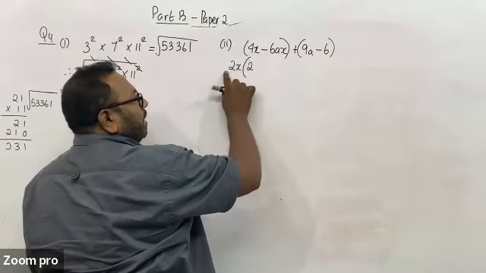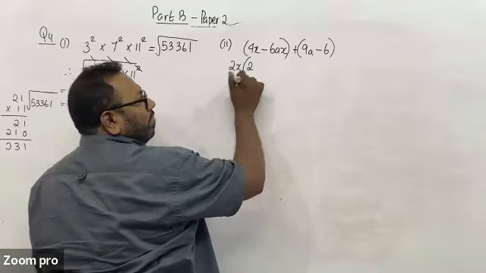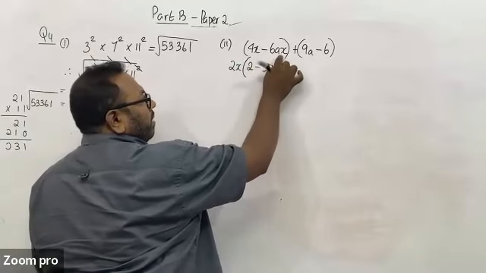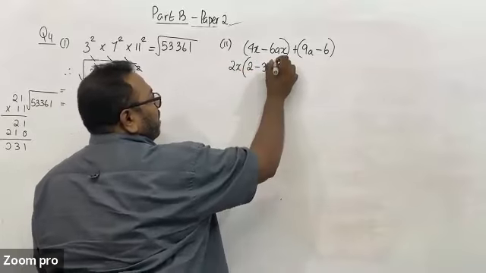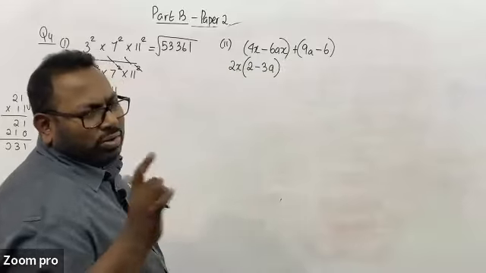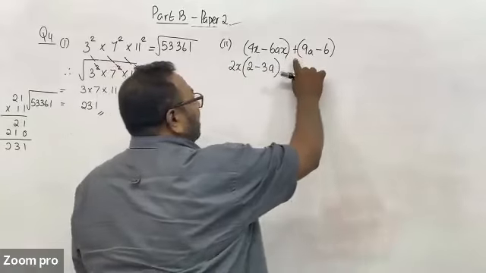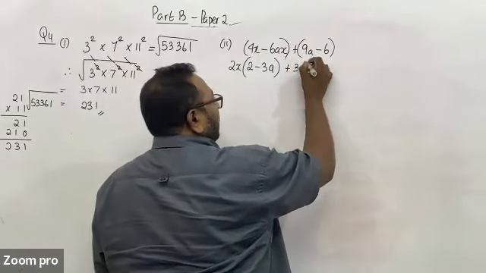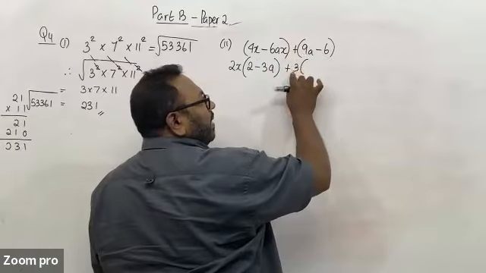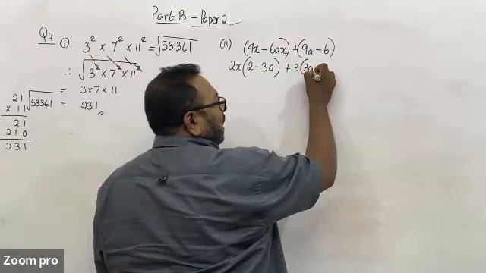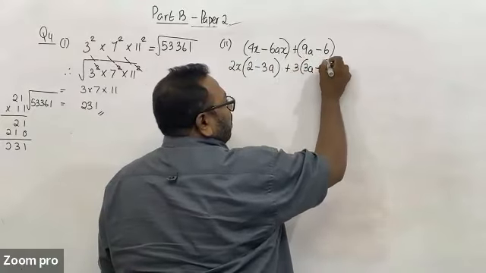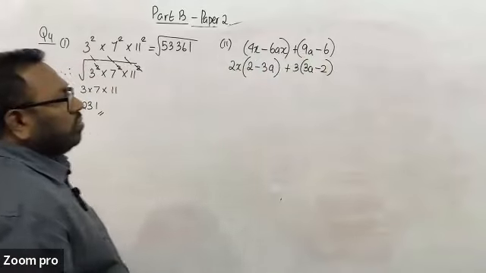Minus 6ax divided by 2x is minus 3a. X and x get cancelled. Now careful, plus 9a minus 6, common factor is 3. 9a divided by 3 is 3a, minus 6 divided by 3 is minus 2.